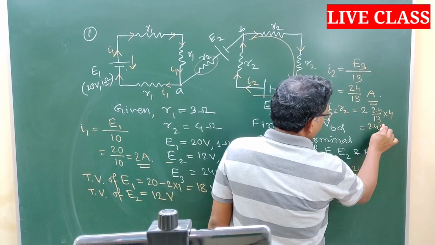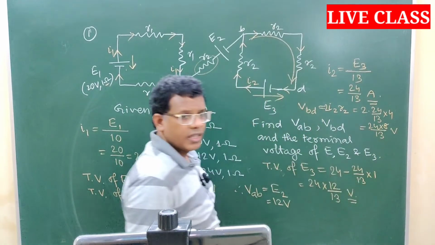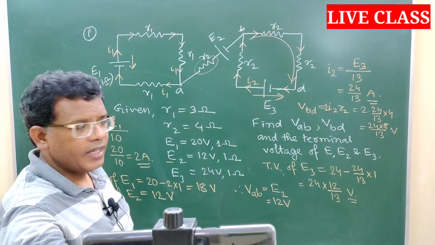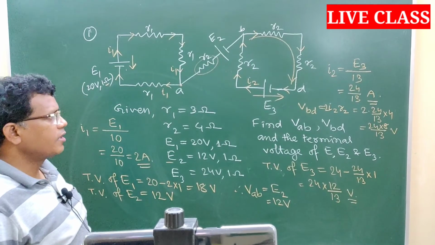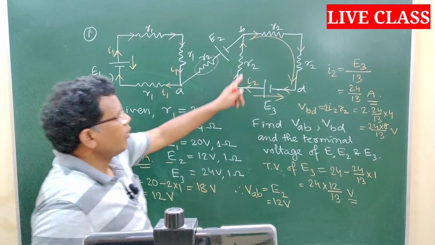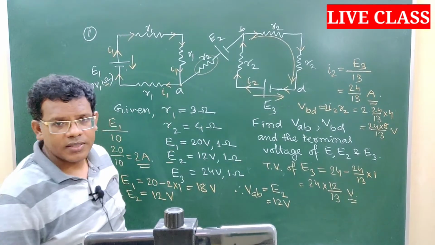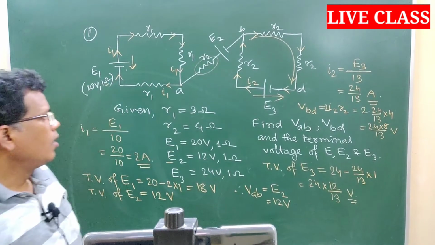So 24 into 8 divided by 13 volt will be the potential difference between B and D. You can calculate this VBD using the other path also, and you will get the same answer. Okay.